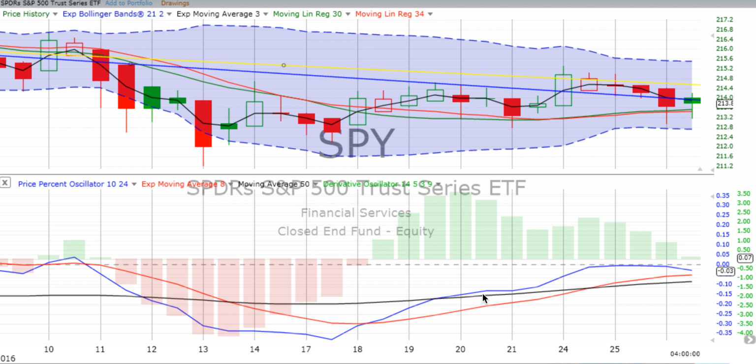This is the pullback we wait for, and then once the short chart actually crosses over going in the same direction as the weekly and the two-day, that is your entry point for the safest, hopefully, entry point to jump in to a down move on an inverse fund to make money when the market goes down. Isn't that sophisticated? Not that sophisticated, but pretty cool that you can make money when the market goes down.